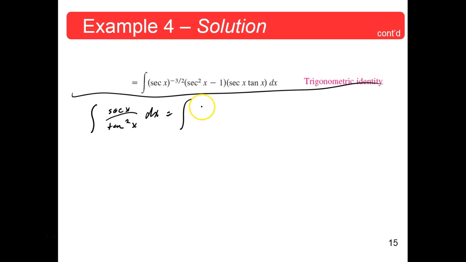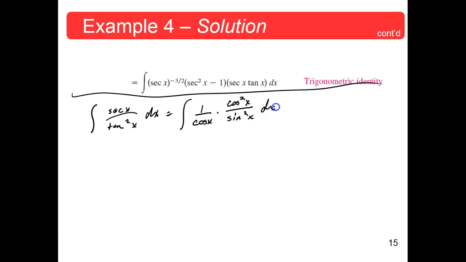What is secant? 1 over cosine. And what is tangent in terms of sines and cosines? Sine over cosine. But this is in the denominator, so this will be a sine squared x over a cosine squared x. Agreed or not? You okay with it?